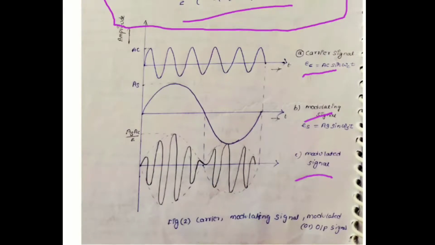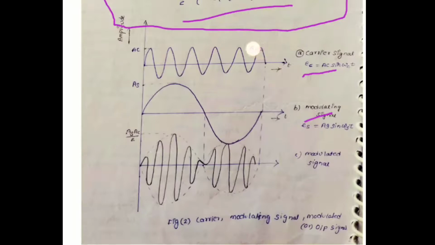The carrier signal has frequency omega C. Now its amplitude is modified, and here we can observe how the carrier signal is modified in accordance with the modulating signal.